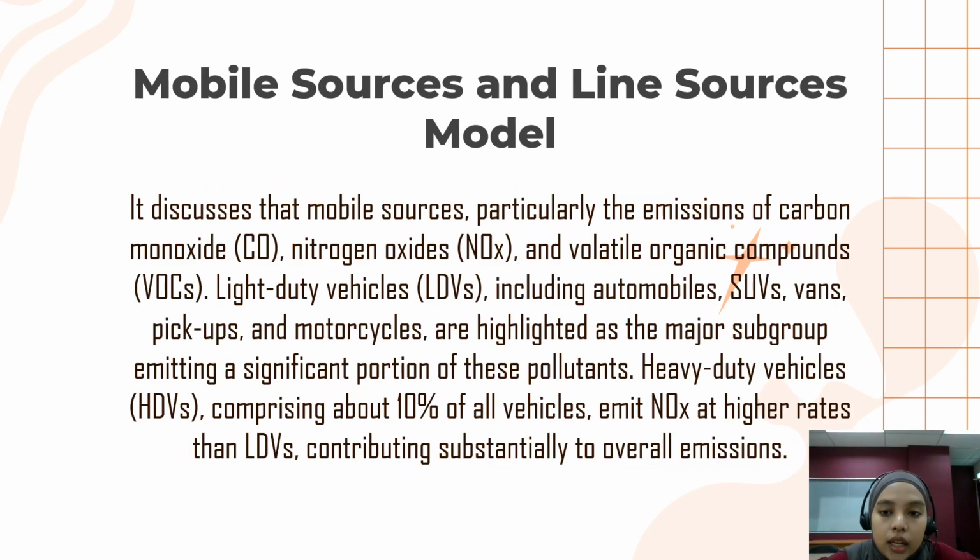Mobile sources and line sources model. In this part, it discussed the mobile sources, particularly about the emission of carbon monoxide, nitrogen oxide, and volatile organic compounds. The light-duty vehicles, including automobiles, SUVs, vans, pickups, and motorcycles, are highlighted as the major subgroup emitting a significant portion of these pollutants.